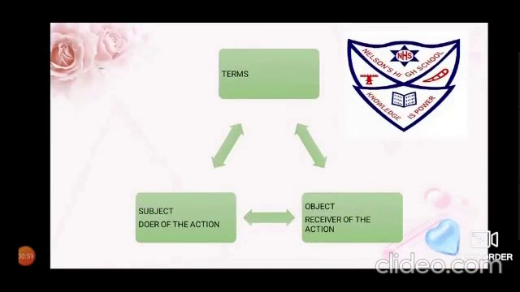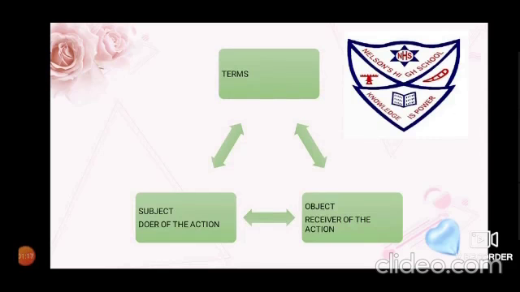In this chapter, you are going to study 3 different terms, the first two being the subject and the object. Now, what is the subject and what is the object? The doer of the action, the one who usually performs the action, is called the subject of the sentence.